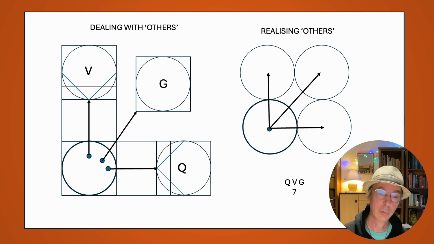While we're trying to reach the other with Q, we try to reach other things in V, and the other things, what is different in G.